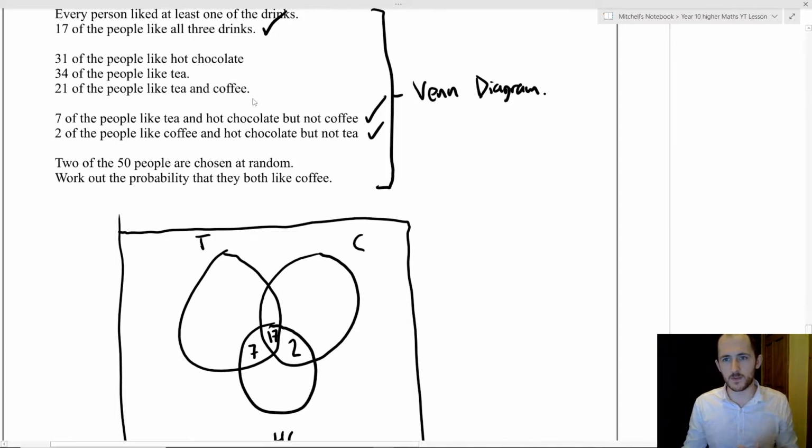What some students do is write 21 here. It's not correct. For tea and coffee, we're looking at the intersection between these 2 circles, which is both of these numbers here. So 17 plus the number in this bit add up to 21. So in this case, it's going to be 4.